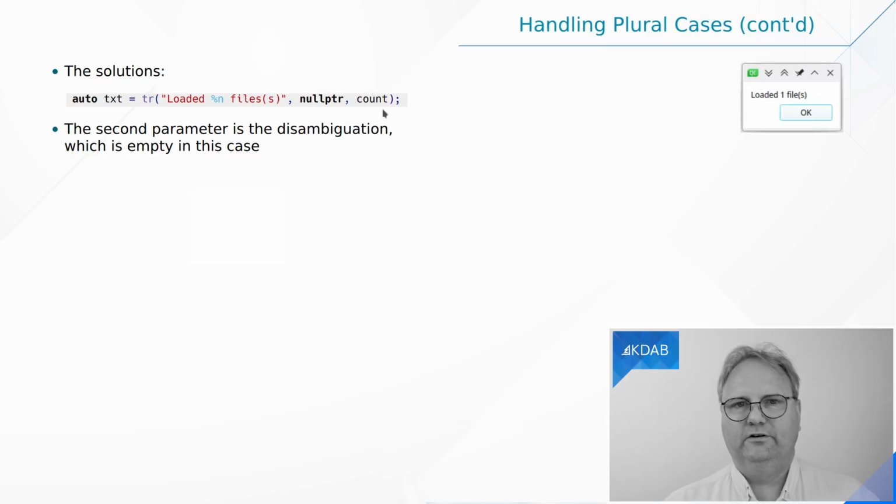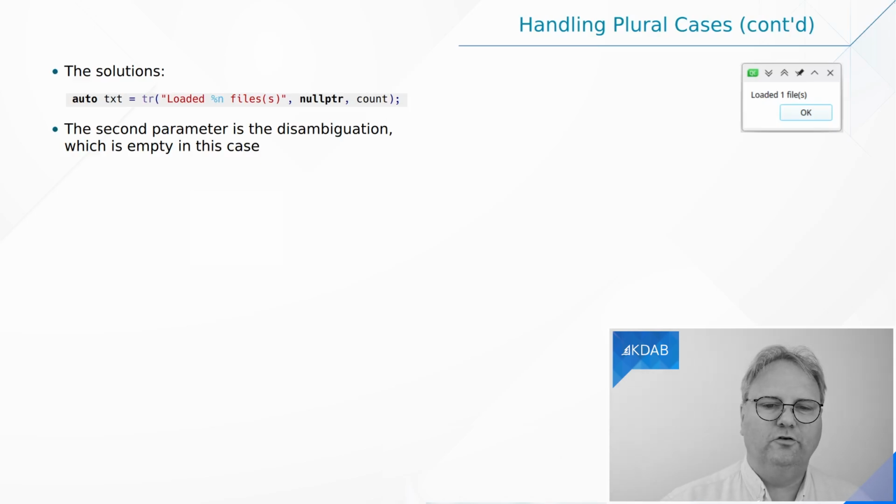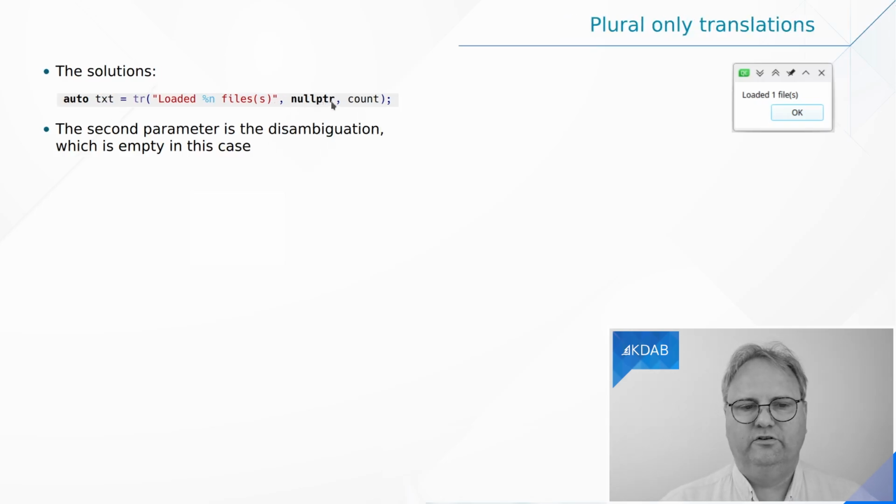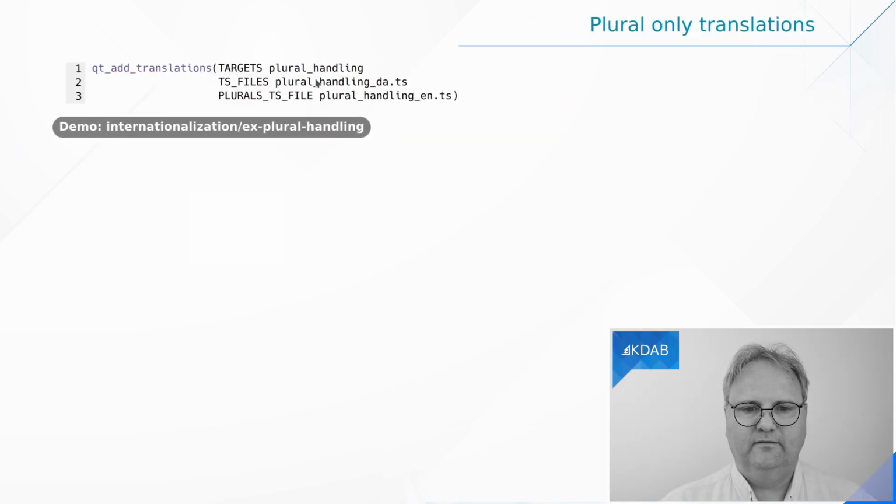And to avoid sitting there with 500,000 strings, or however many strings there are in your gigantic application, to be translated just to spot those, there is actually an argument for lupdate, which you can specify in your CMake like this.